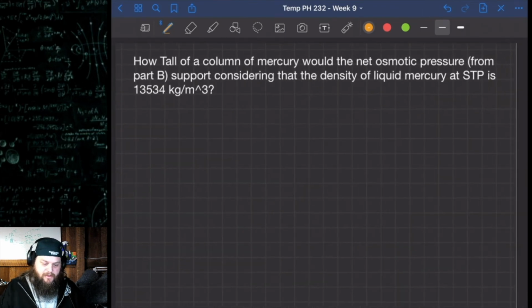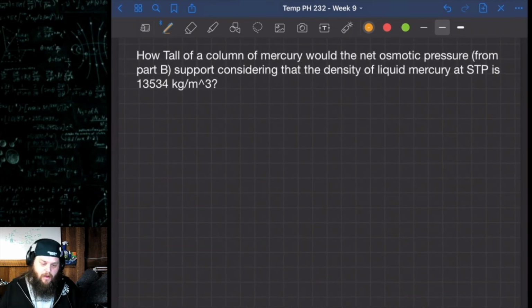So we can ask ourselves now, how tall of a column of mercury would the net osmotic pressure from part B support, considering that the density of liquid mercury at STP is 13,534 kilograms per meter cubed.